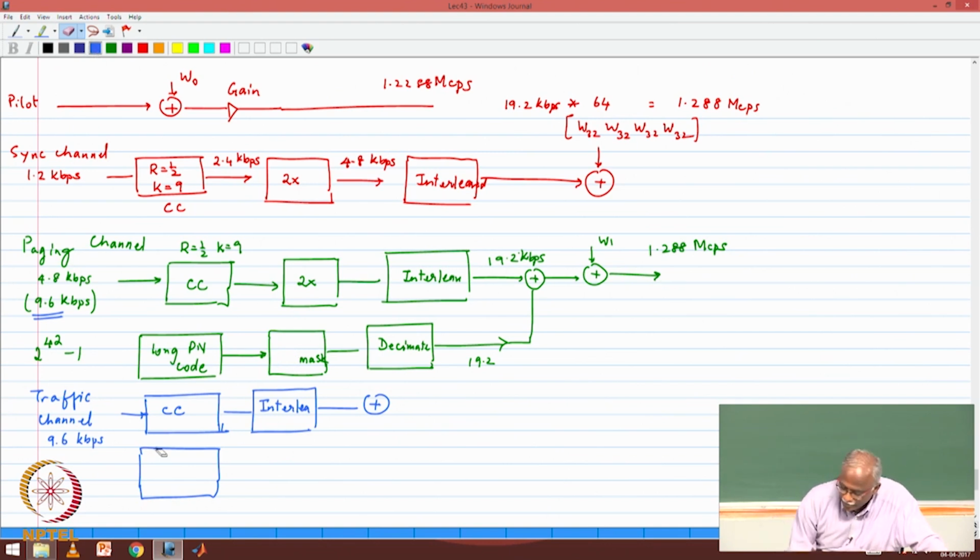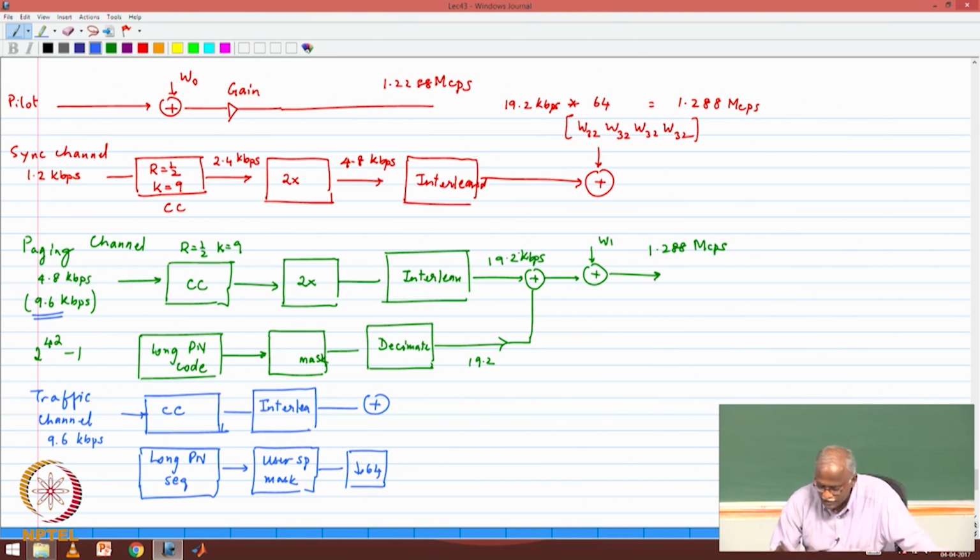The same long PN sequence, 2 to the power of 42. Here the subsequent scrambling of that is by a user specific mask. Okay. Then you downsample by a factor of 64. That will make it 19.2 kilobits per second.